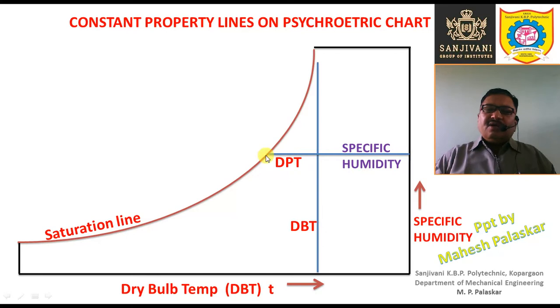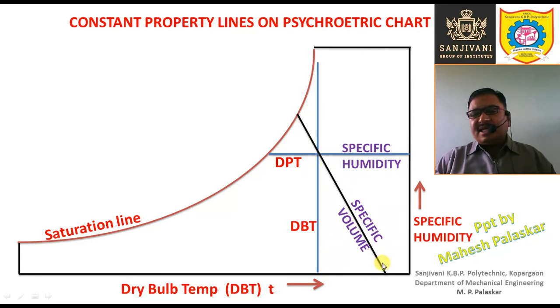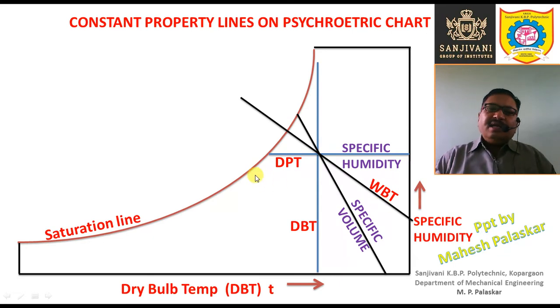This horizontal line also represents constant dew point temperature, right? Then constant specific volume is represented by this inclined line, and this another inclined line is the constant wet bulb temperature line. It is also the constant enthalpy line.